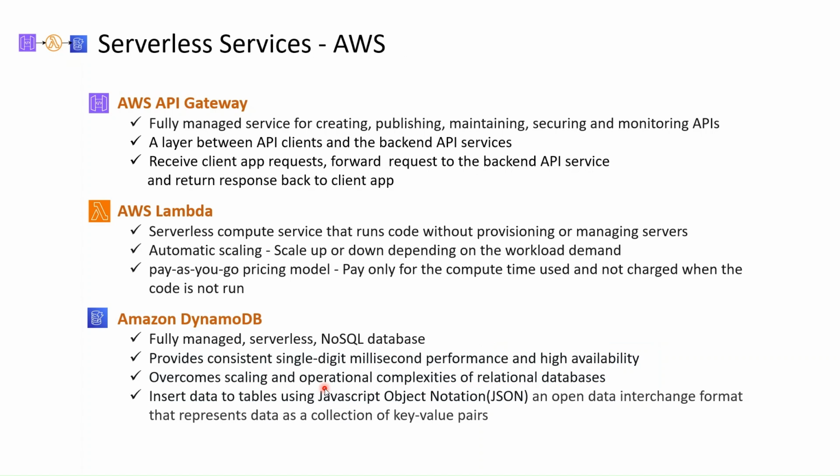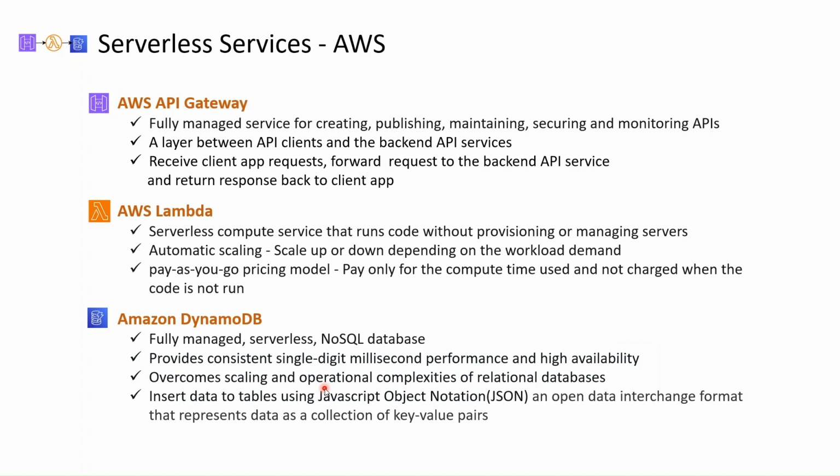It works by providing a layer between API clients and the backend API services, and is responsible for enforcing security policies and rate limiting on the API. The API Gateway receives client app requests, forwards the request to the backend API service for processing, and returns the response back to the client app.